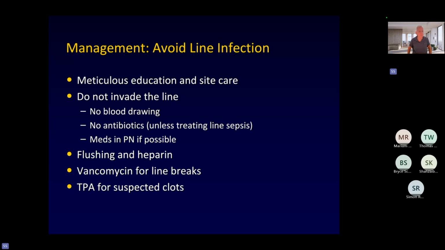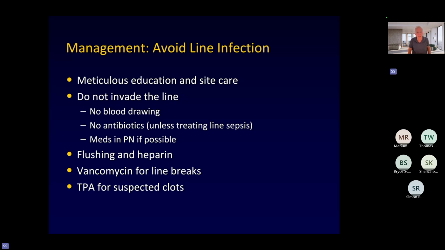The more people you have invading the line, the greater the risk of infection. And we try not to invade the line for blood drawing. Antibiotics should not be given through the line unless one is treating line sepsis. And give all medications through a peripheral line if at all possible.